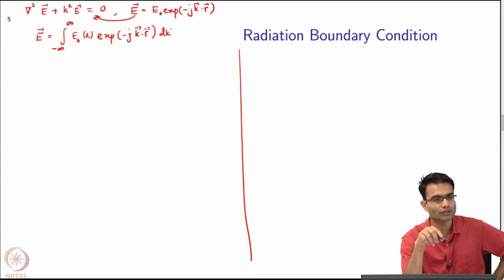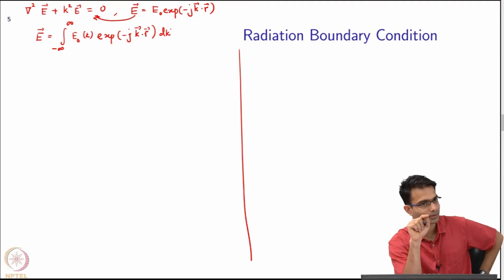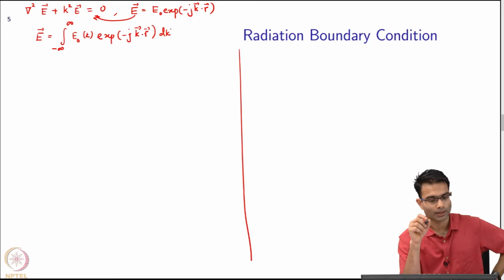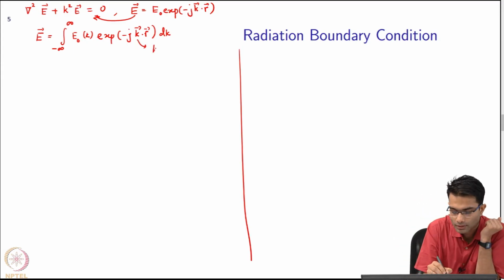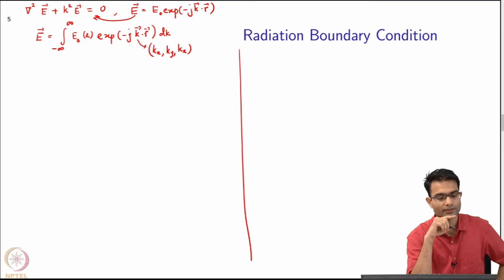The first term is going to give me minus kx squared minus ky squared minus kz squared. I am writing this k as kx, ky, kz, the vector. And what happens to the second term?